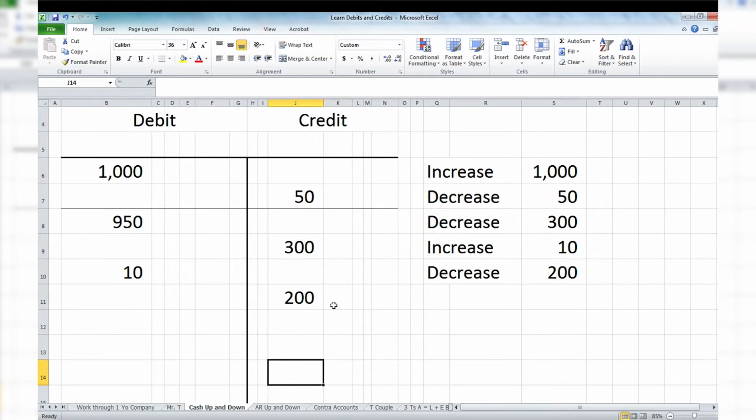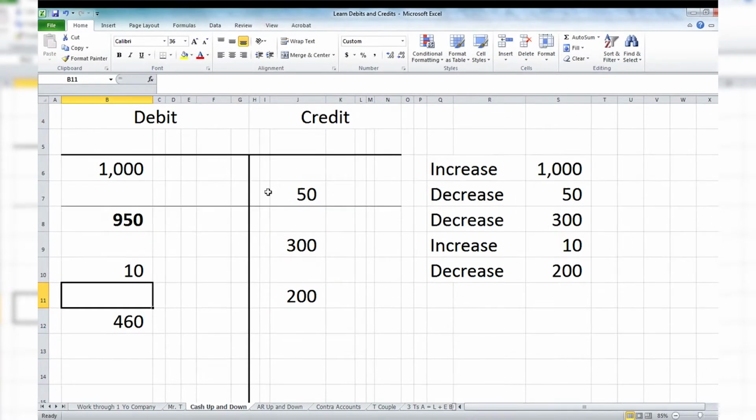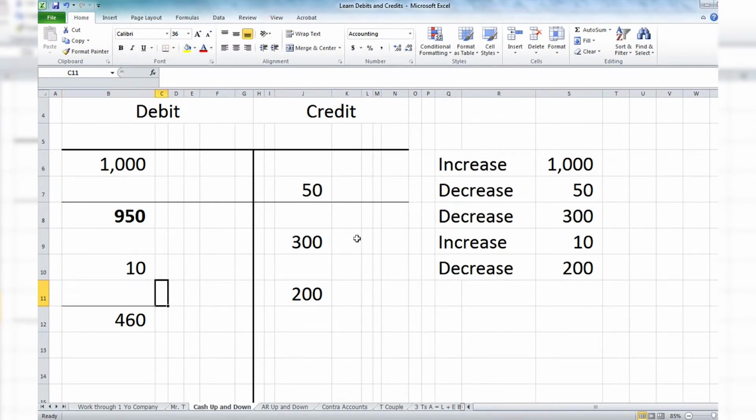So now, starting with our ending balance of 950, we can start subtracting out the credits: 950 minus 300 minus 200 plus 10 for an ending balance of $460 in cash.